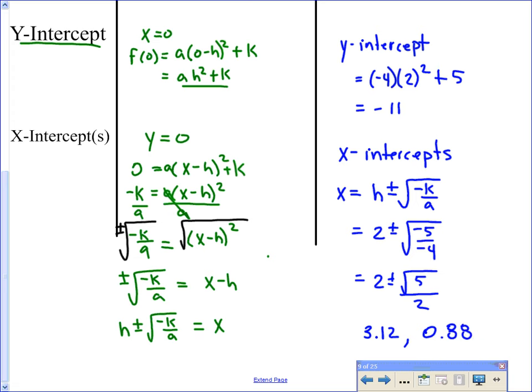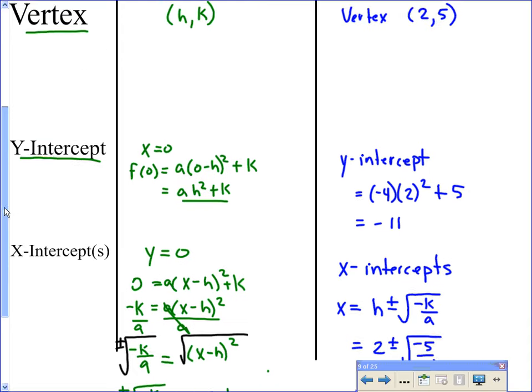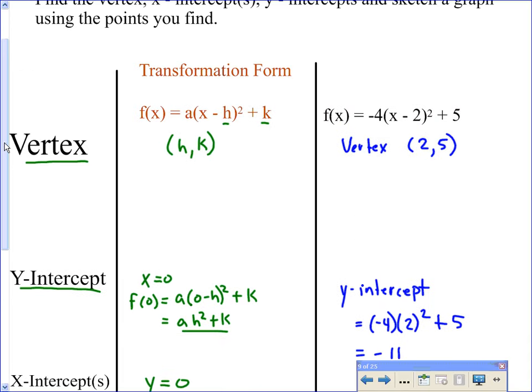Okay, so now we can use all this information to go through and graph, or just to sketch this. Okay, so if you were to sketch this, and I'm just going to do a quick sketch here, you've got a vertex at the point 2, 5. So let's say 2, 5 is about like this, and a y-intercept of -11.